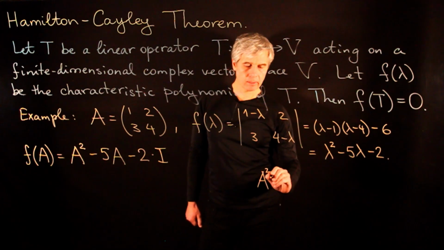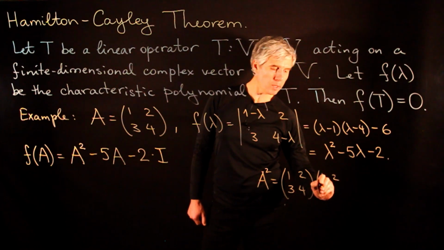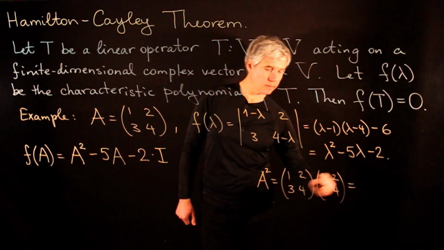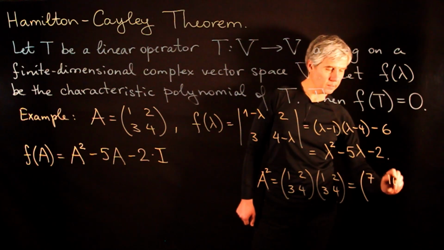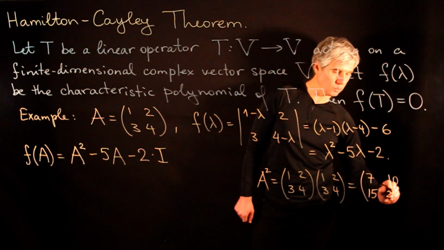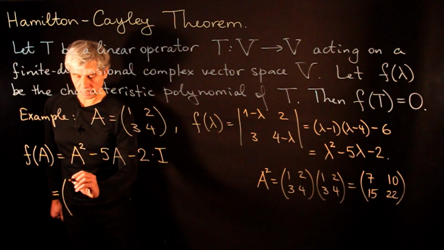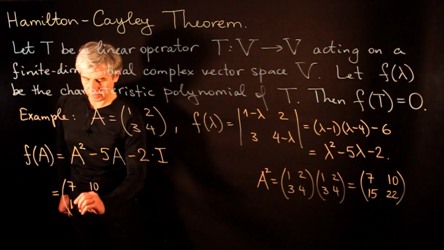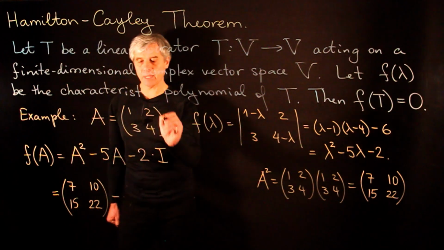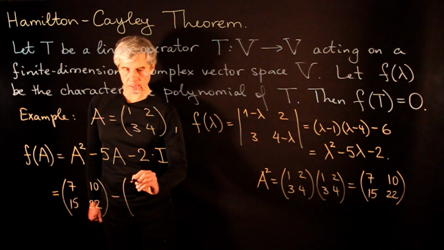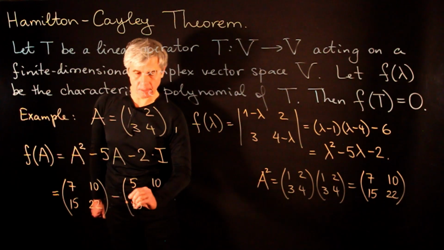A squared is the product 1, 2, 3, 4 times 1, 2, 3, 4. And this is equal to 7, 10, 15, 22. And we get, so A squared is 7, 10, 15, 22 minus 5 times A. So that is going to be 5, 10, 15, and 20.